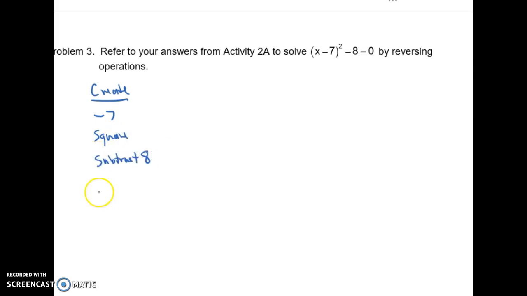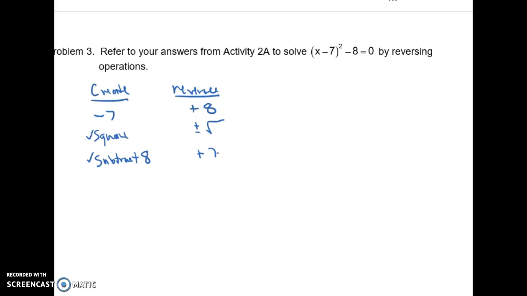But to reverse, I'm going to go backwards. So I ended with subtracting 8. To reverse it, my first step is to add 8. And then I have to take care of the squaring, so plus or minus the square root. And then I'm going to add 7.